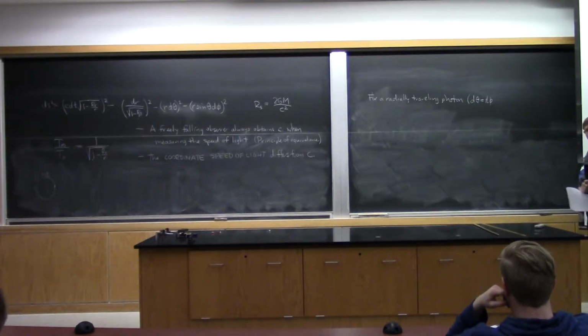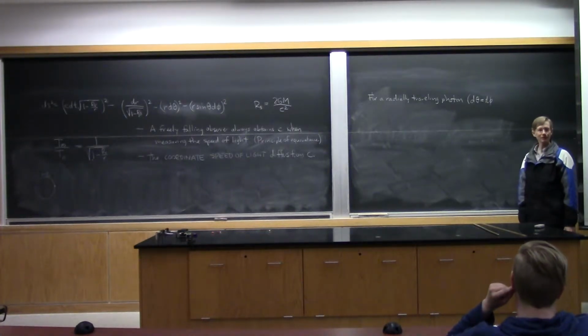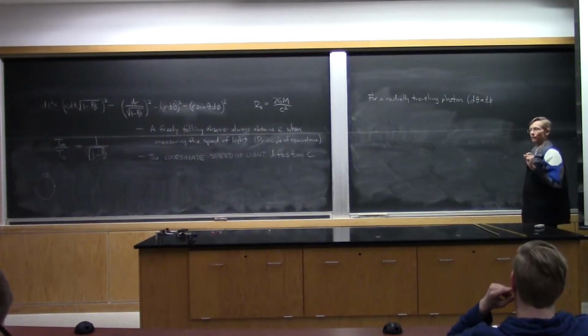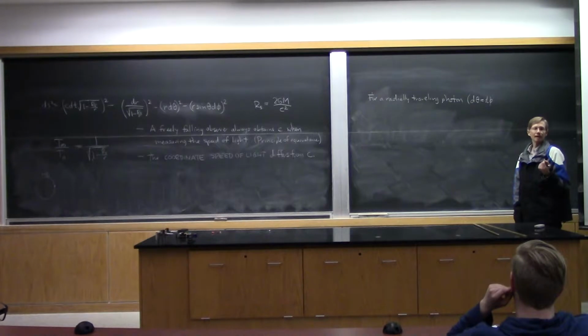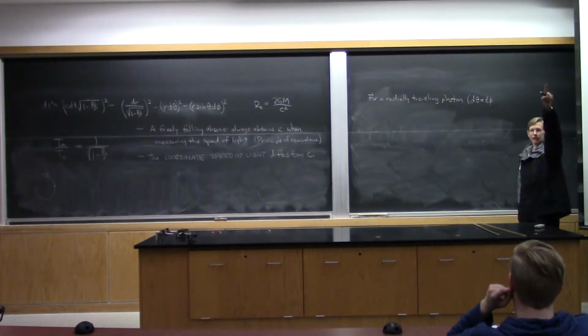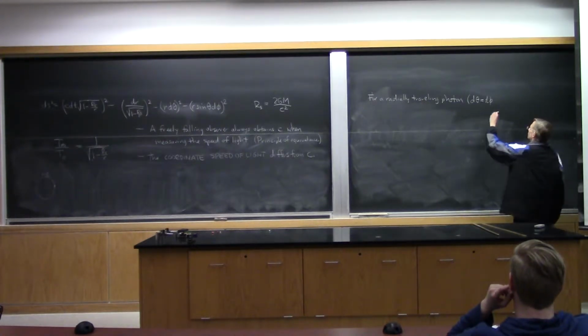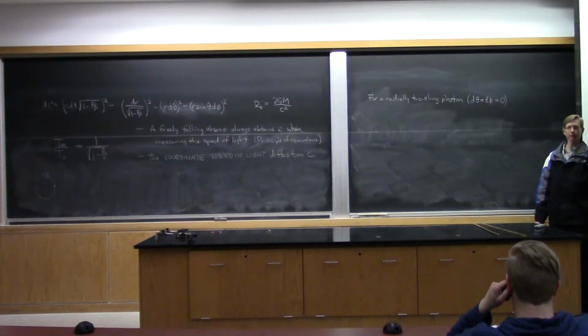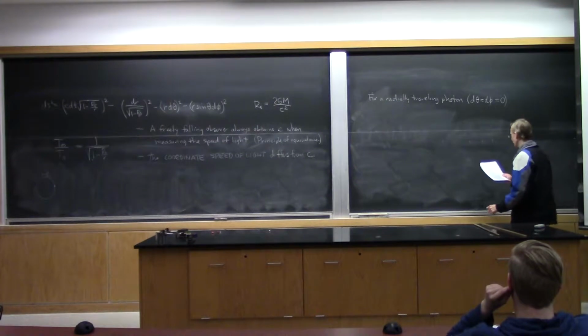How do theta and phi for our radially traveling photon vary as the photon moves? Kind of a trick question, right? They're not changing. Moving in a straight line away from the origin is one of constant theta and constant phi, because theta and phi just specify direction in space from the origin. So if d theta equals d phi equals 0, the only things that are not 0 are dt and dr.